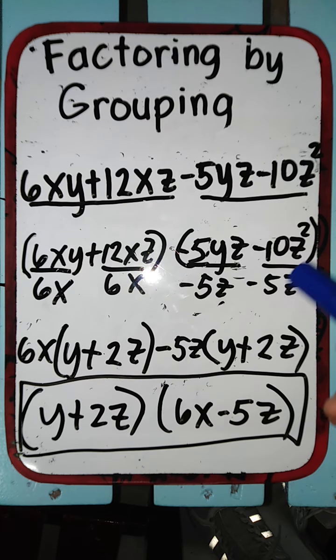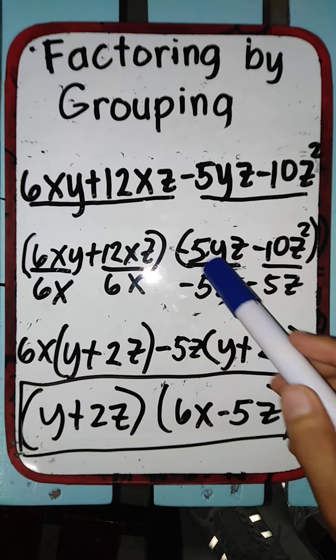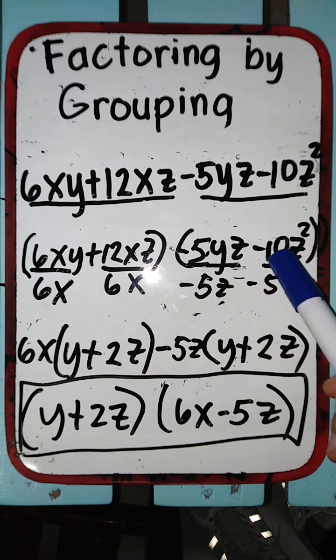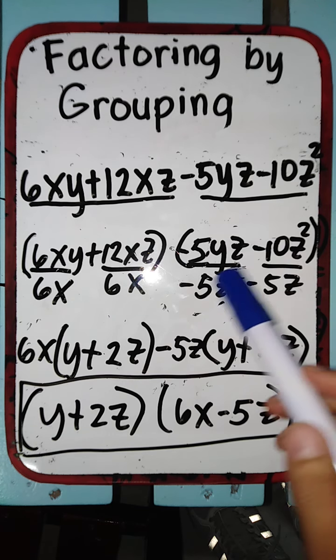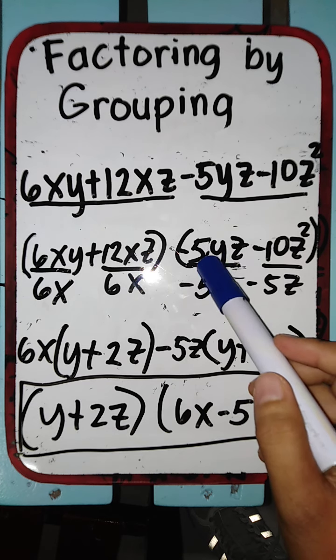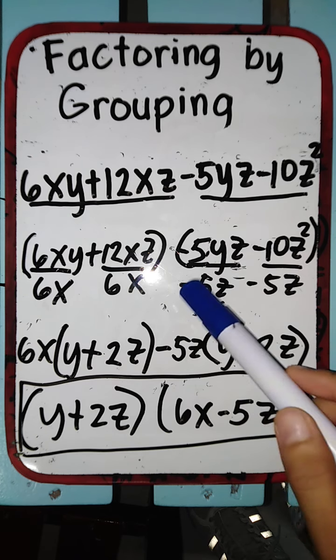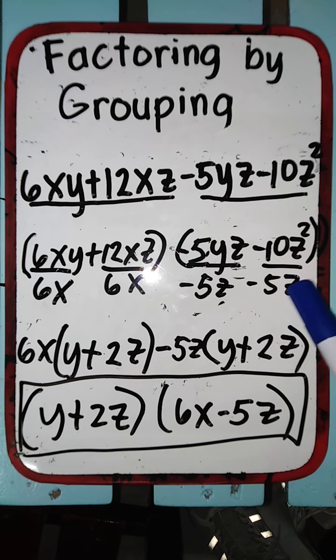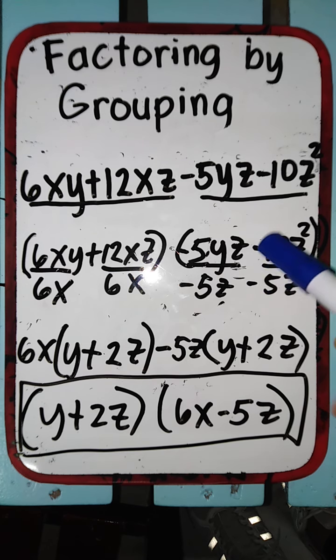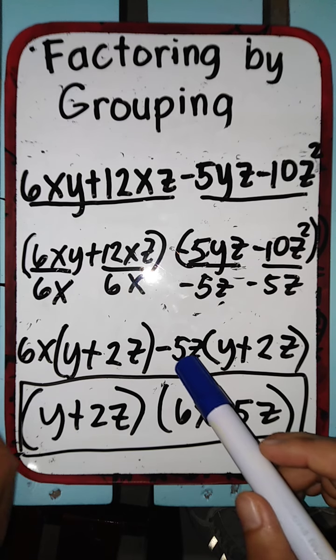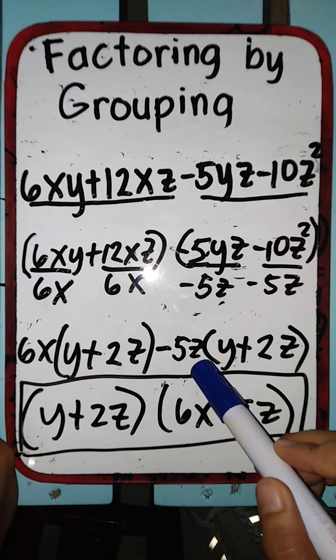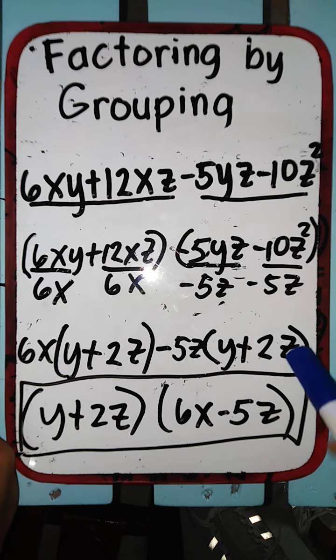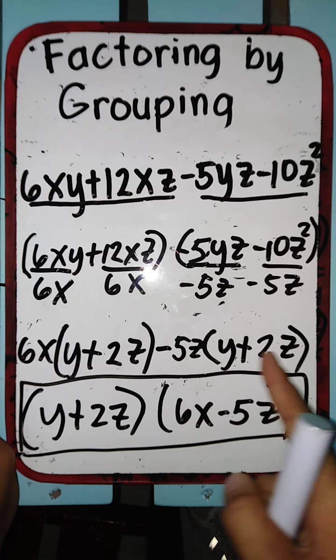Next, we have negative 5yz minus 10z squared. So what is the common factor of these two terms? They have negative 5z in common. So we put negative 5z outside the parentheses.